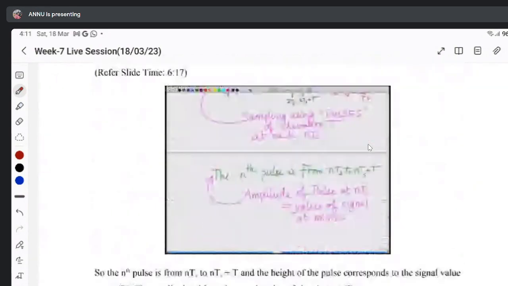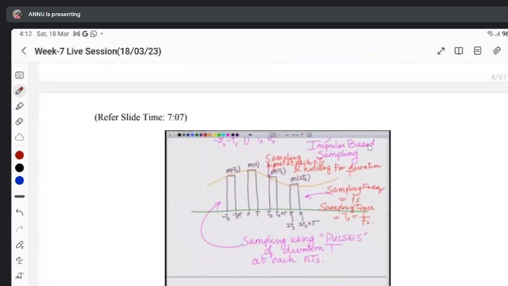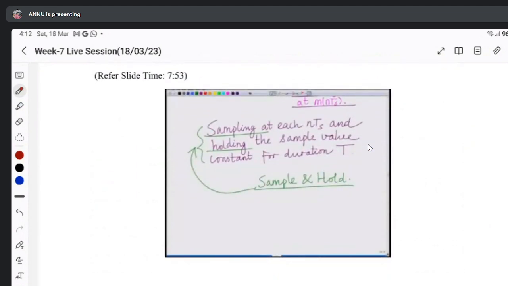Now, how will we solve using the pulse? The nth pulse: sampling using pulses of duration t at each nTs. How will this look? The sampling is at each nTs and the sample value is held constant for duration t.